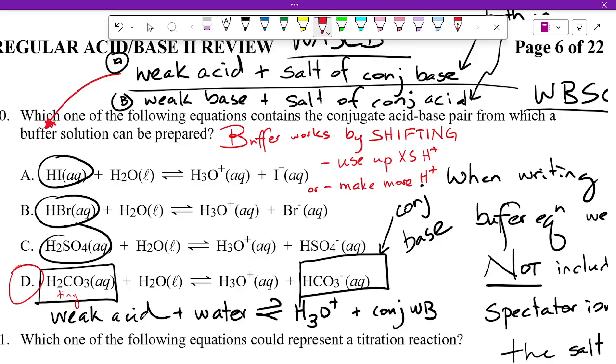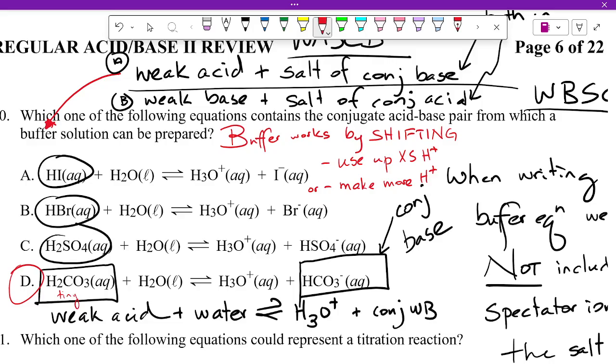What's going to limit how far that equilibrium can shift? What if at some point you start shifting and you can't shift anymore? Why would you not be able to shift anymore? You run out. At some point, you're going to run out of the weak acid or you're going to run out of the weak base, and that limits the buffer.